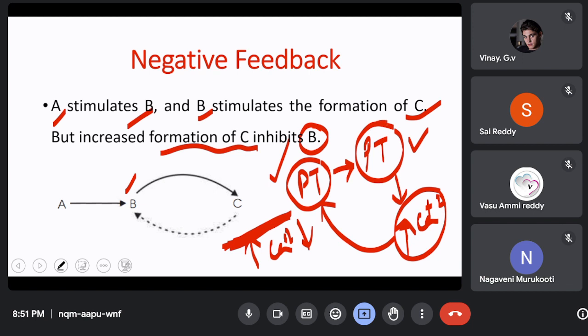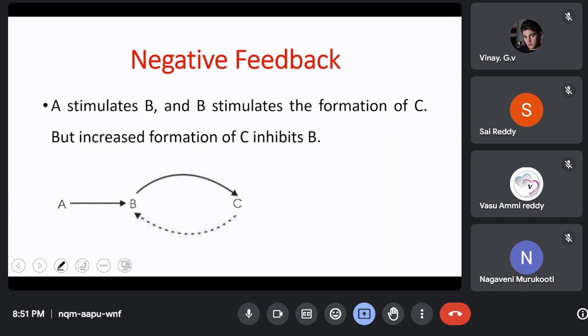If parathormone still exists for some more time, the calcium level may increase, isn't it? So that should not be the case. The basal level has to be maintained. So whenever it increases, it stimulates the parathyroid gland in a negative way, so that it stops secreting parathormone. That is what we call the negative feedback mechanism.